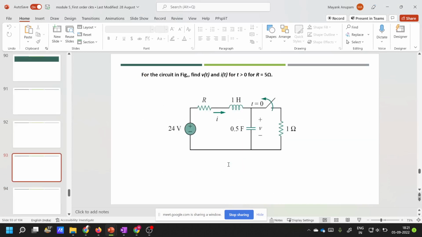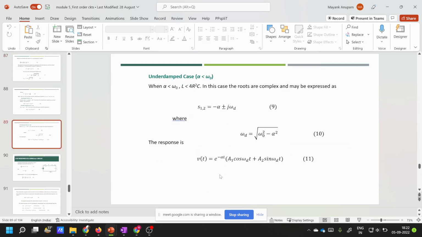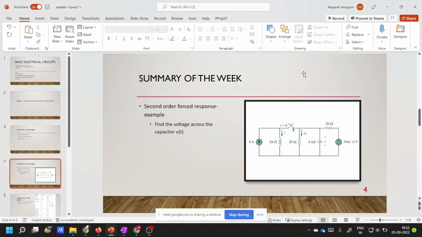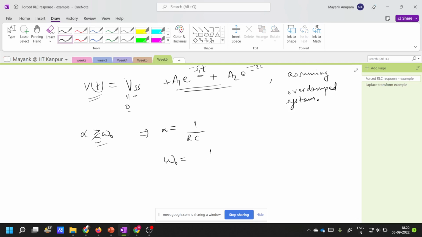Let me check, sir. Okay, it will take a long time. So it is indeed correct, right? It is 1 by RC, and omega naught is equal to 1 by root over LC.